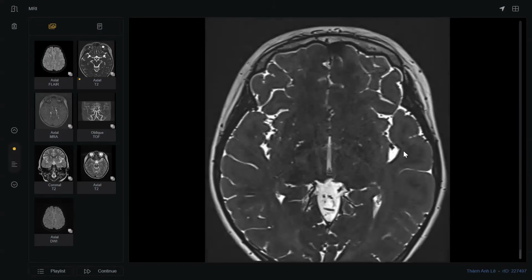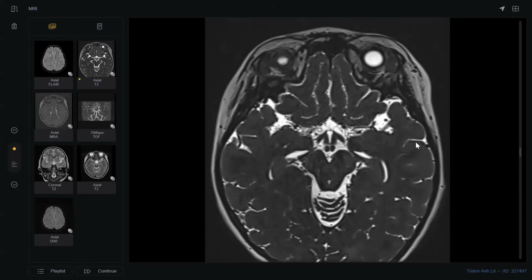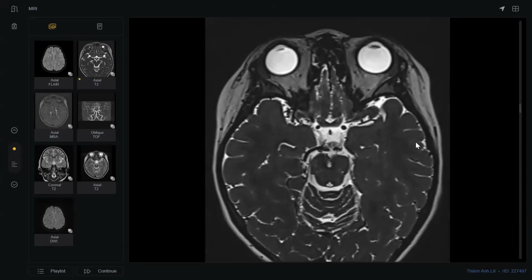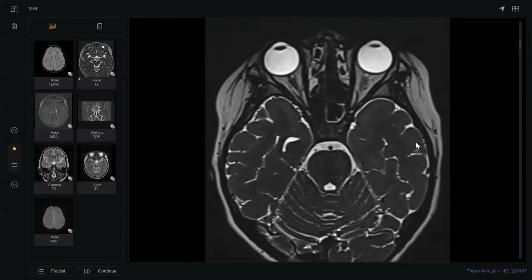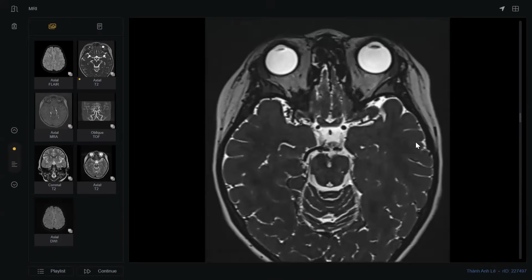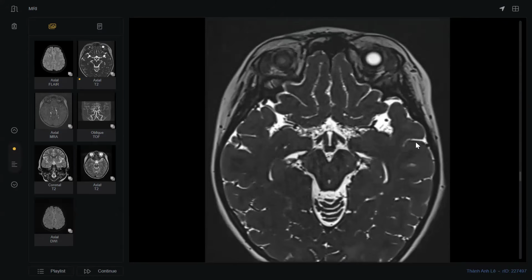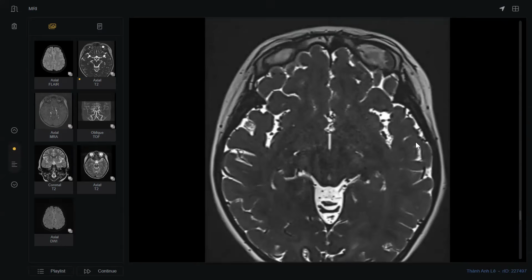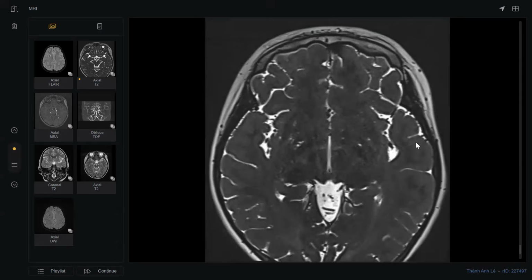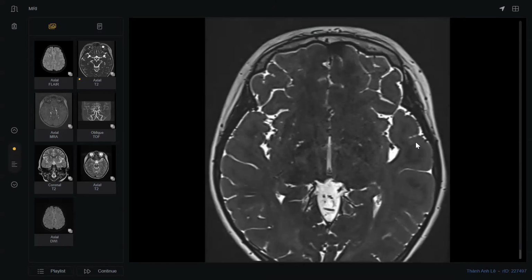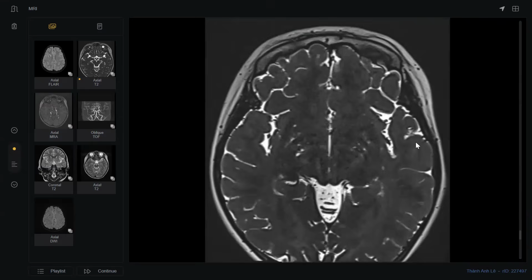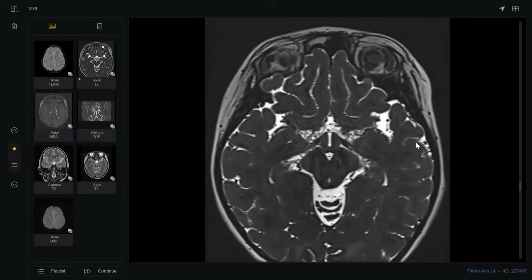So T2 images. Sorry, I'm just scrolling. Right. So on T2 images, the lesions which I saw in the right centrum semiovale are basically not identifiable.